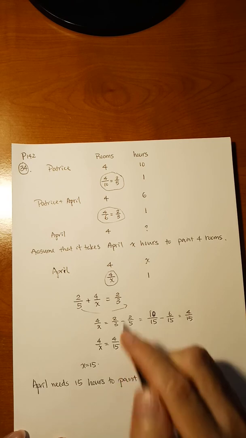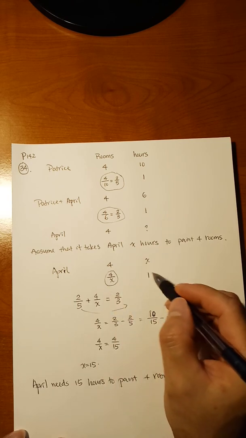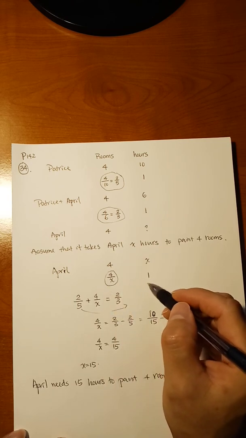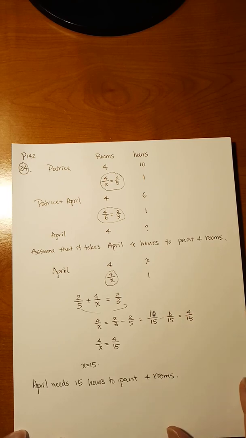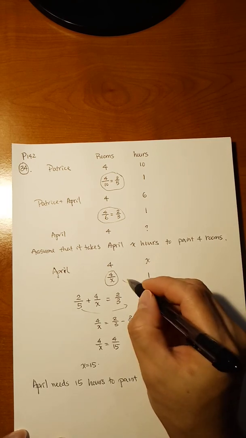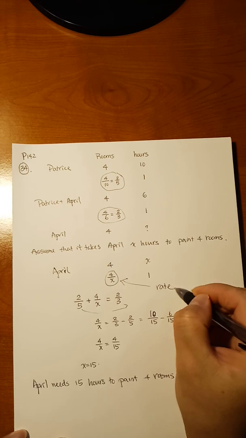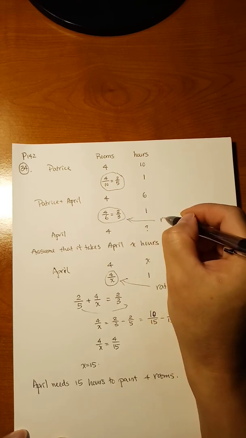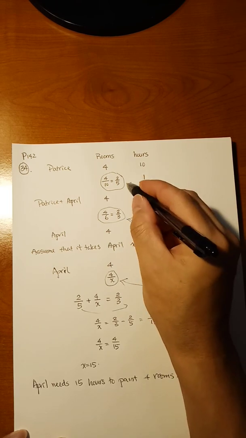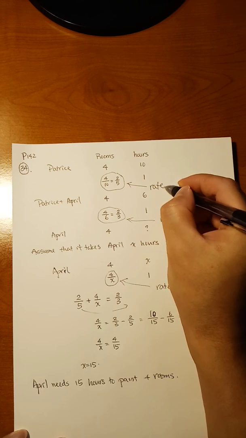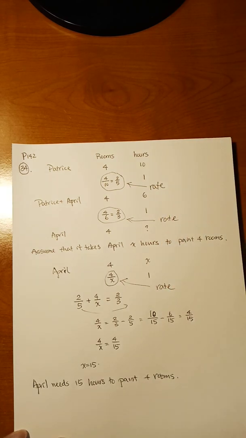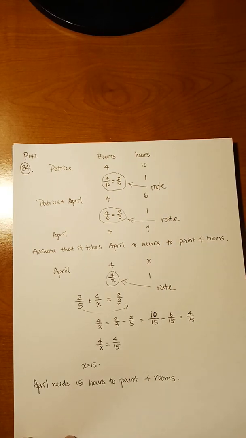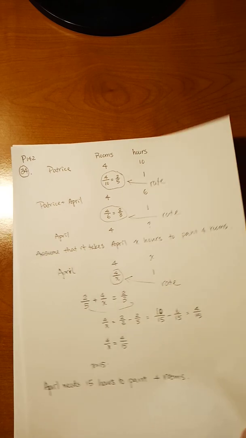Okay, so we get proportion, we get the efficiency, the rate. This is rate. This is also the rate. The sum of the rate, this is rate. Per hour, per hour, per hour. All right, this is problem 34.